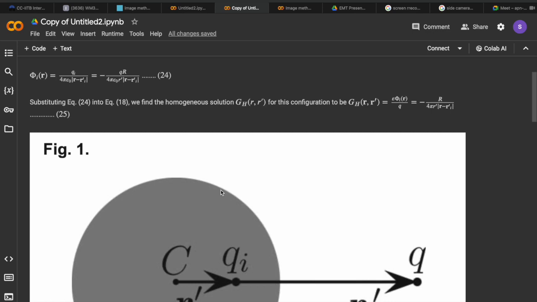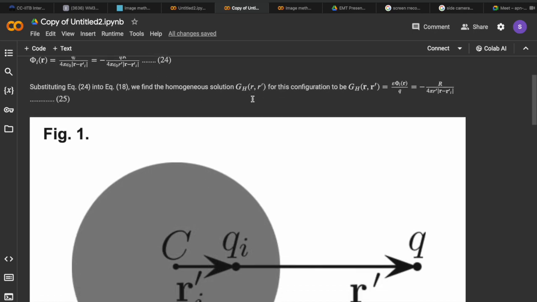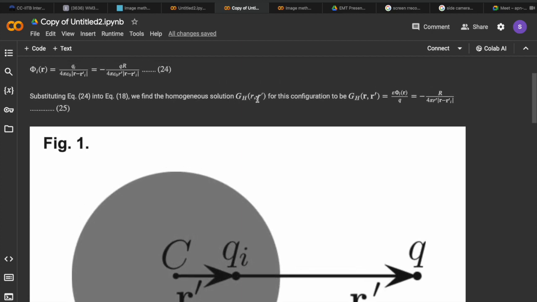It incorporates the image charge technique, where an image qi is introduced to mimic the behavior of the original charge q in the presence of the conducting sphere. And this Green's function represents the homogeneous solution for the configuration of the atom near the grounded sphere. It is a fundamental solution to the corresponding partial differential equation in electrostatics.